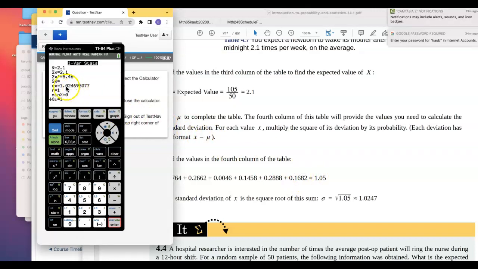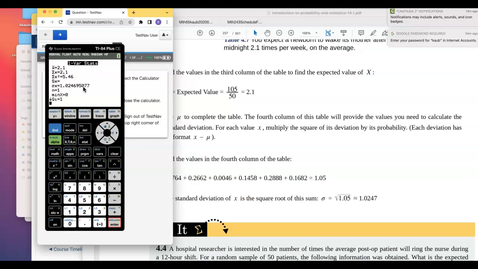Okay, but they did give you the standard deviation right here. Okay, so there's the mean or the expected value. Here's the standard deviation. You'd round it to 7 here because that's a 9, and that's what they did here. Okay, if you took this number and you squared it, you probably would get 1.05 or close.